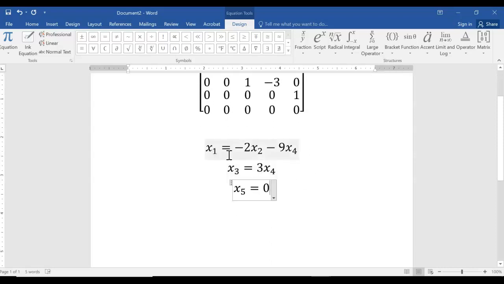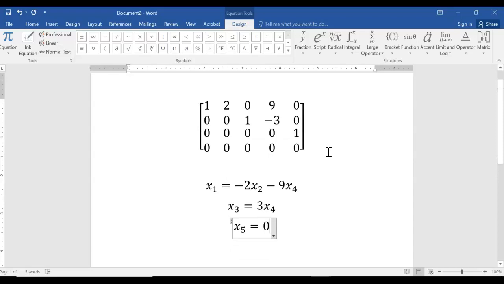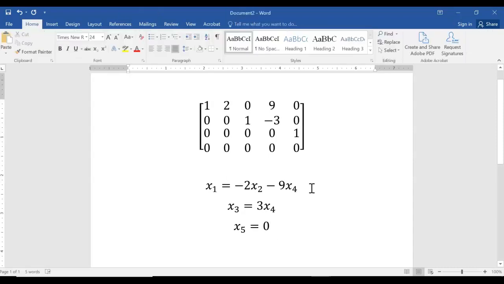Now notice this gives me the x1, the first entry of my vector, the third entry of my vector, and the fifth entry of my vector if I'm going to write a general solution. Notice that here x2 is going to be a free variable, and over here x4 is going to be a free variable because those are not associated with pivot columns. So x2 and x4 are going to be free variables.